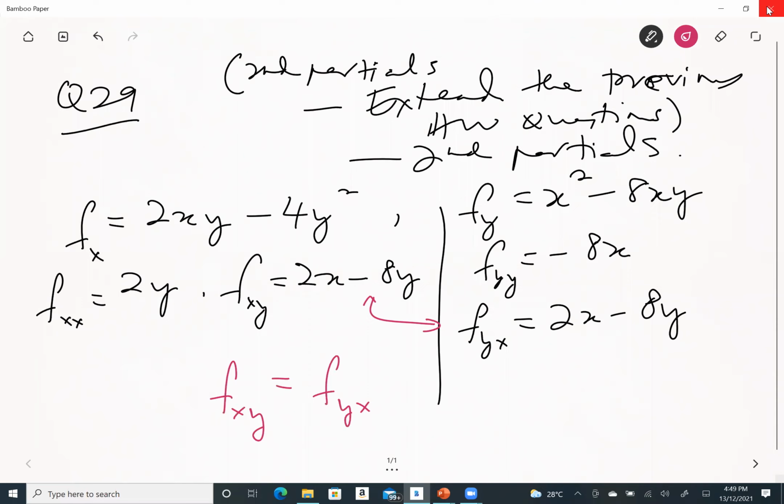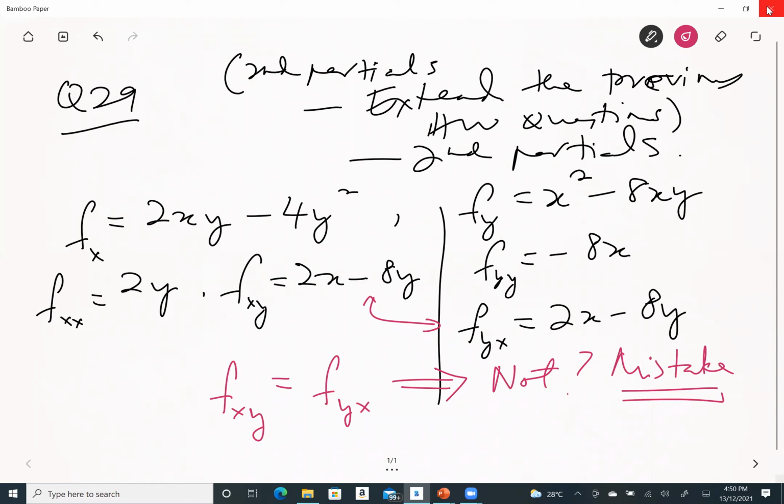So what we normally do is that when you determine fxy, you find fyx, and they must be the same. If they are not, that means we made a mistake somewhere. So you have to go back and check, because either fxy is wrong, or fyx is wrong, or both are wrong.